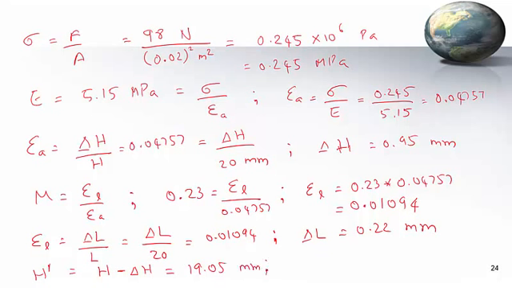The new length is the length plus delta L, which is 20.22 millimeters. Because the breadth direction is the same, you get the same dimension. So the dimensions of the deformed cube will be 20.22 by 20.22 by 19.05 millimeters.